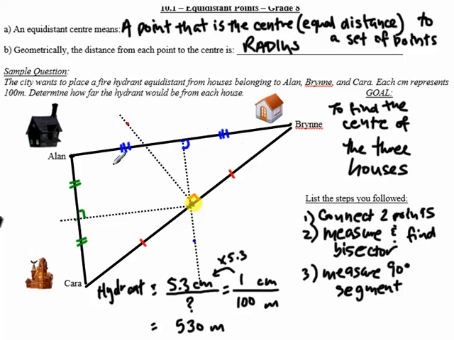Using 3 perpendicular bisectors, or even 2 perpendicular bisectors, the intersection of at least 2 of the bisectors will give you the center of the circle of all 3 points. And then using a scale, you can find out the actual distance from these points. So review this lesson, and if we have any questions, we'll go over some practice questions in class. So hopefully you understood this lesson.